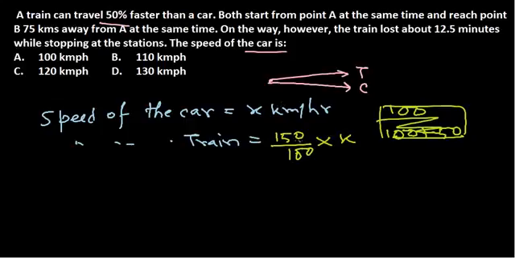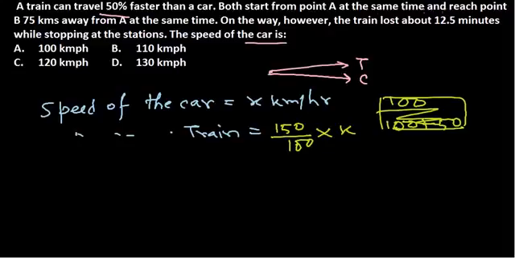So if this is the situation, what they are telling us is that both of them start their journey from point A at the same time and reach point B 75 kilometers away from point A at the same time. So the time they take to reach from A to B is the same, right?